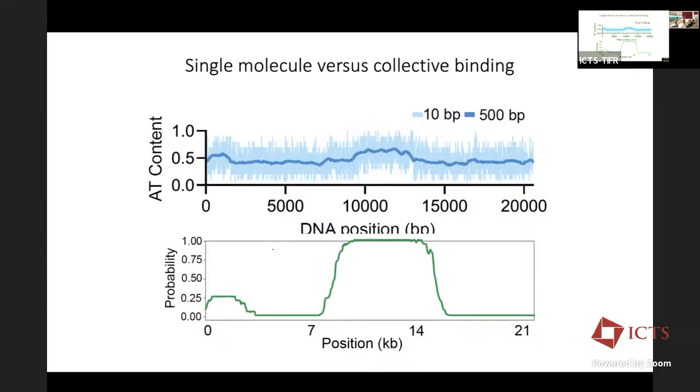But you always tend to form co-condensates at regions which have, on average, a higher binding affinity. So it's the average that matters, not the individual affinity, right? This is the real difference between a single molecule binding picture and this kind of collective binding picture. And something like this, I think Leelavati was talking about during the bioinformatic analysis that they do, seems to be there also.